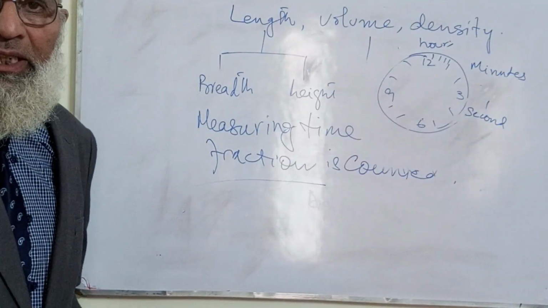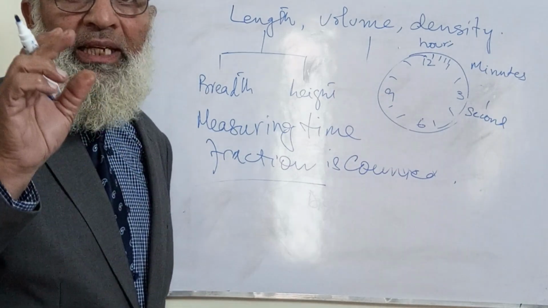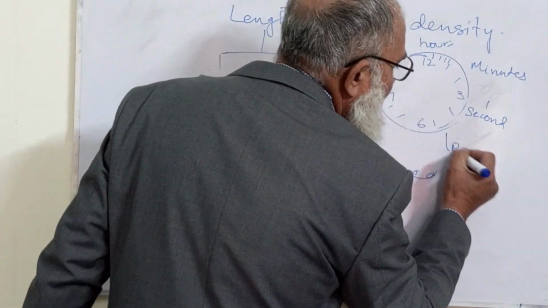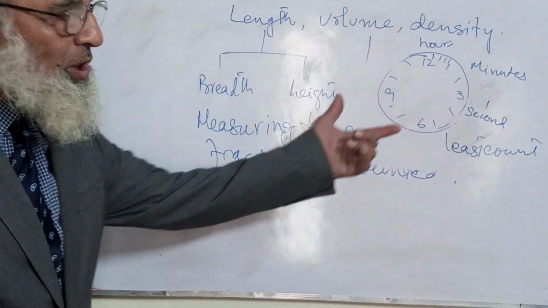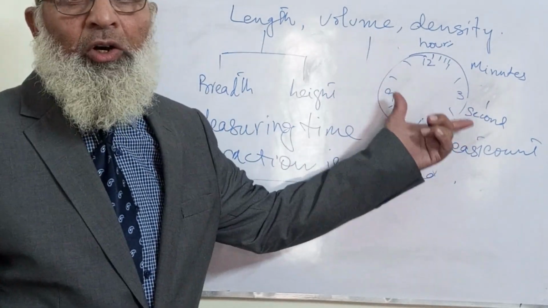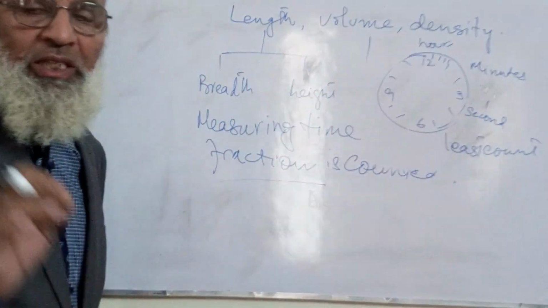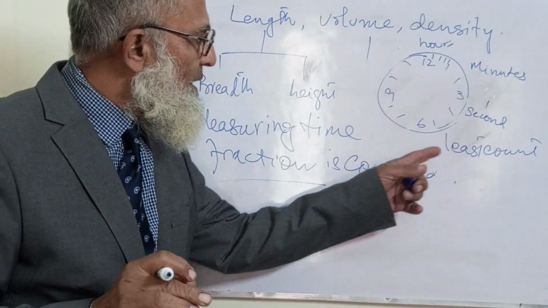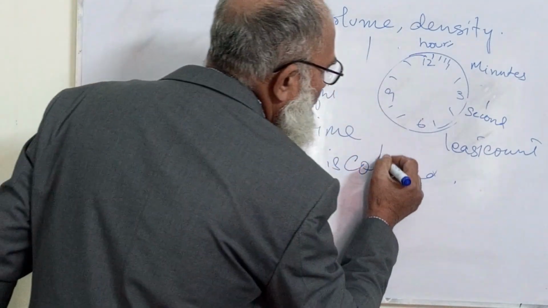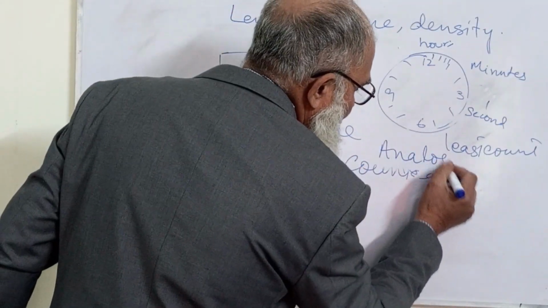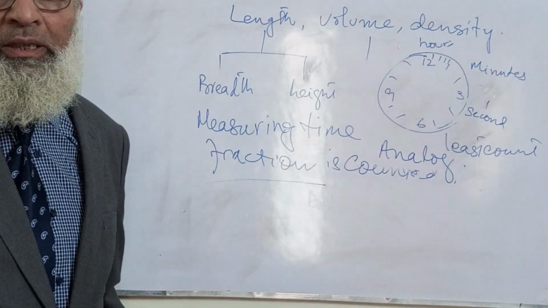That means the least count which we can measure on this clock, on this stopwatch, is 1 second. This is the 1 second which we can least count on this watch, and these watches are called analog watches.